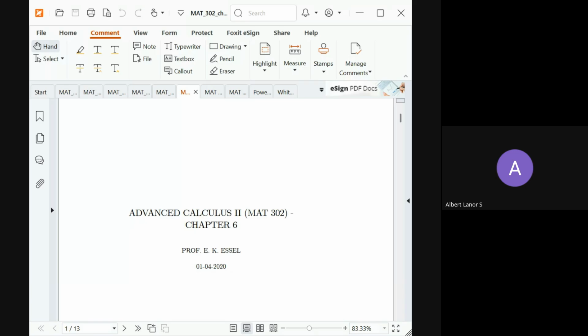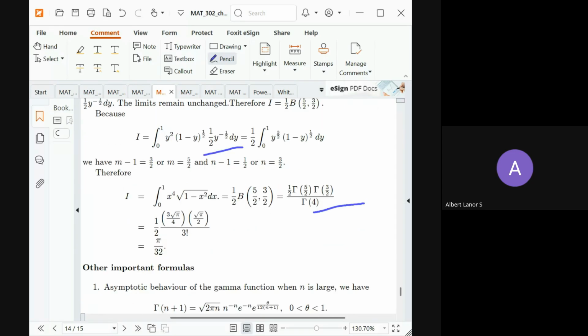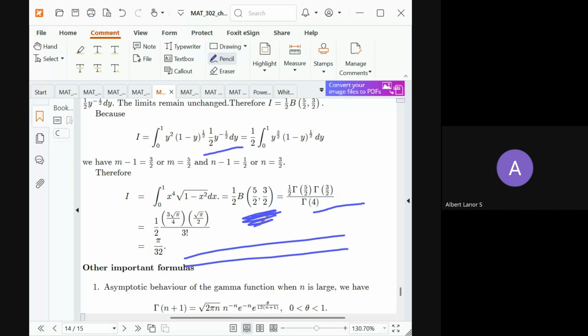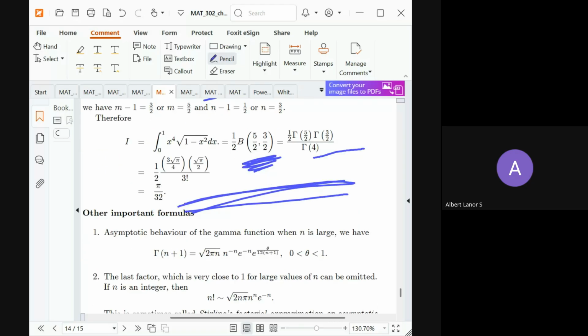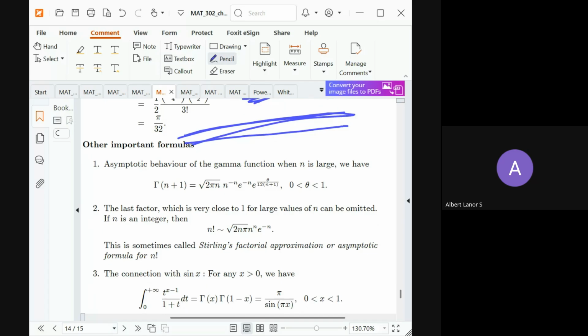All right. So, I'm sure that we're okay up to this point. Once you're able to write the beta function, half of that divided by that, and then you have I on 32. Other important formulas. Now, the gamma function of this is given by this asymptotic behavior of the gamma function when n is large.